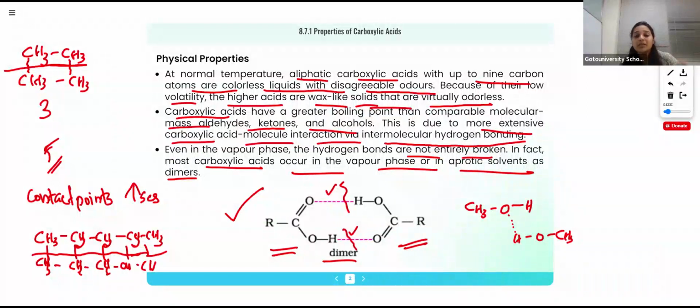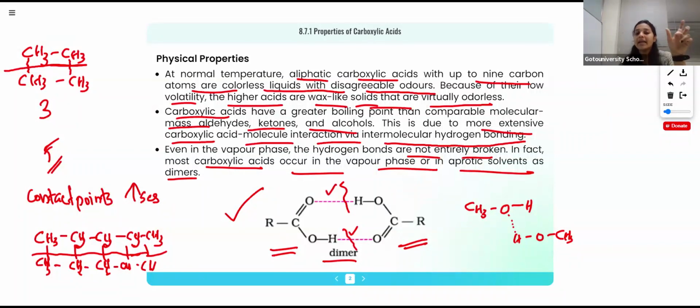Okay, but what is the difference here? Here the bonding is extensive, so it is not possible to break the complete bonds. Still, in vapor phase also there will be a little force of attraction. Hydrogen bonding will be there between the carboxylic acid molecules. In vapor phase also there will be a little hydrogen bonding interaction between these molecules.